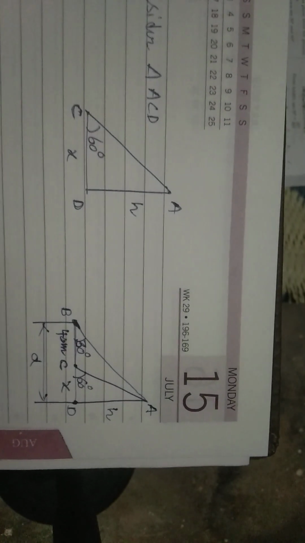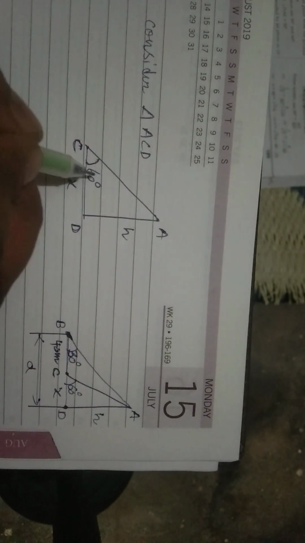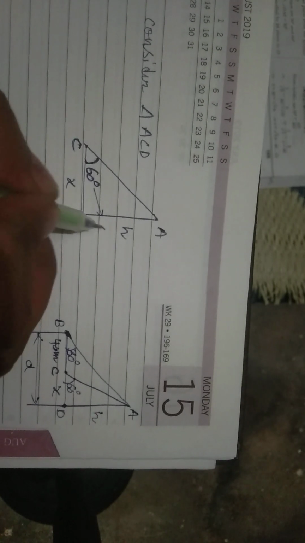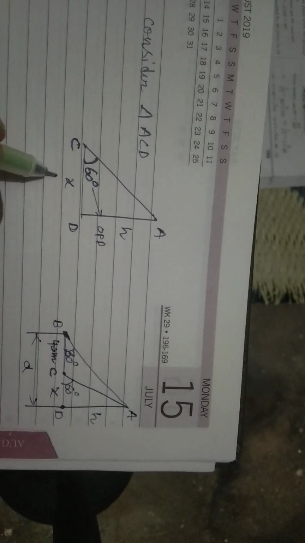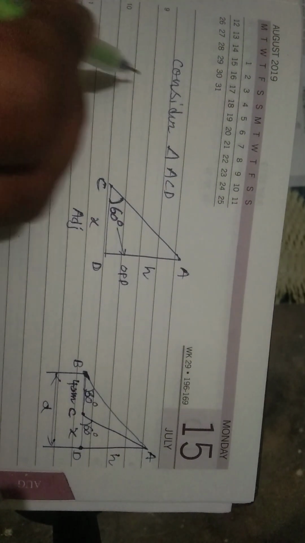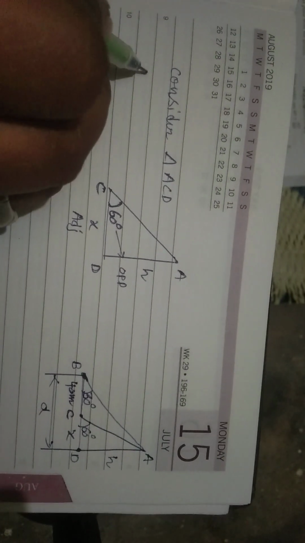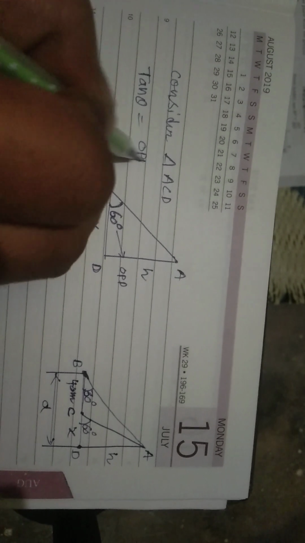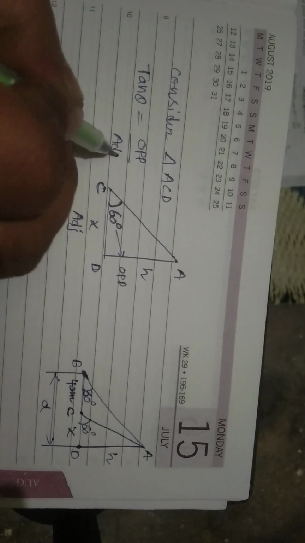Okay, so children, if you observe carefully, the angle of elevation is 60 degrees. The angle is here. This side will be the opposite side and this side will be the adjacent side. Now, which trigonometric function do we need to use here? As we know, tan theta is opposite side by adjacent side.